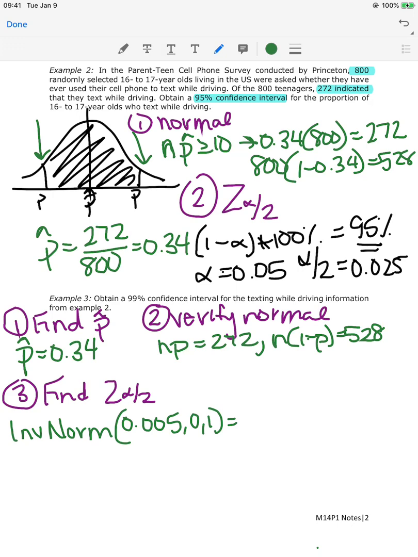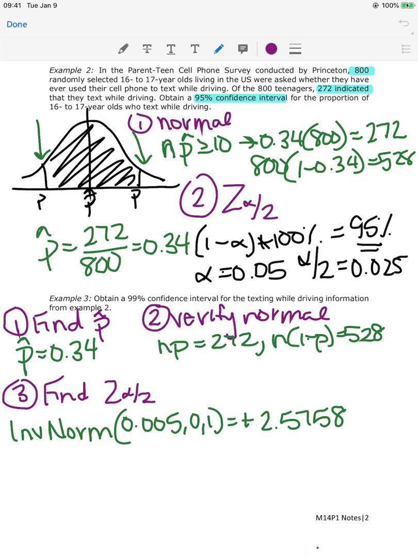Negative 2.5758. I was pretty darn close. Negative 2.5758. So that's the z alpha value below the mean, and then we have one above the mean, but because it's a middle 99%, we know that the other value will be the same, just positive. So we're just going to ignore the negative sign altogether and make it a positive sign.